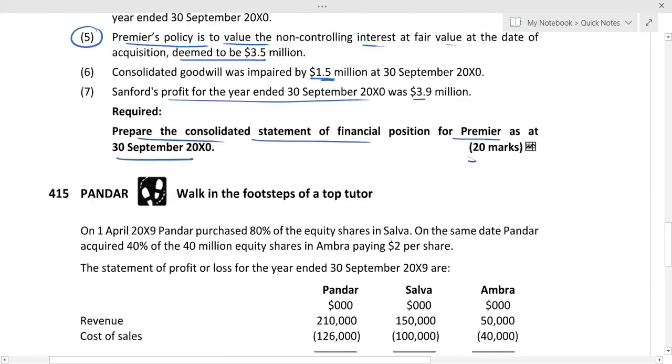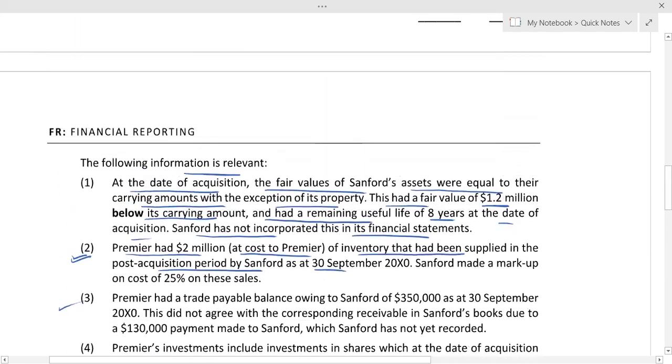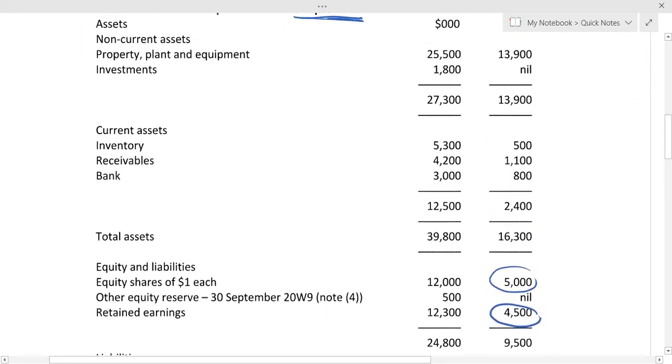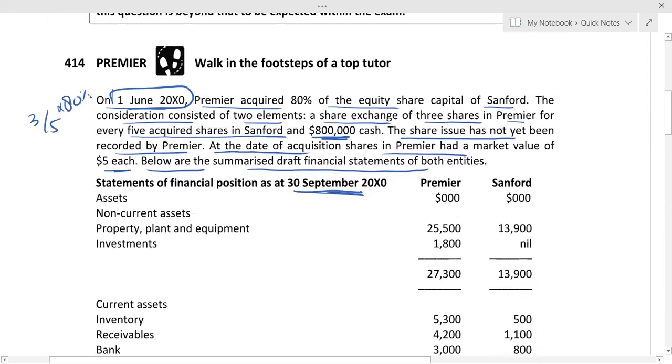The acquisition period is just 4 months. We do have the retained earnings on this date, which is 4,500. But actually, we need to find out the retained earnings on 1st June X0.